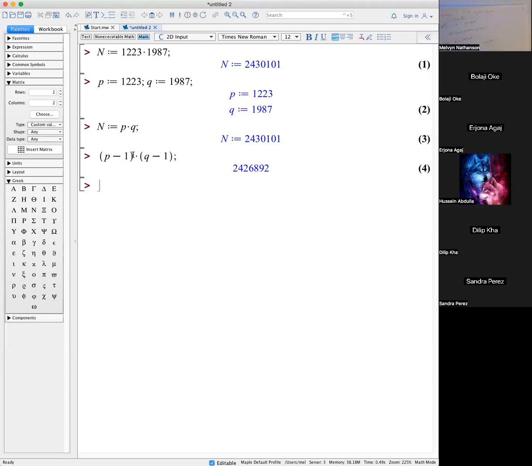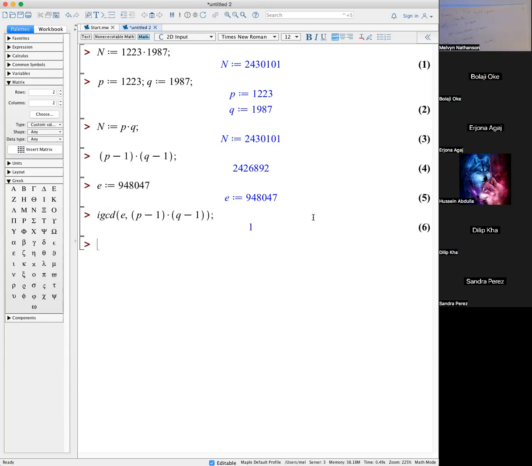And I want the greatest common divisor. And what is E? E was equal to 948,047. So the integer greatest common divisor of E and P minus 1 times Q minus 1 is 1.